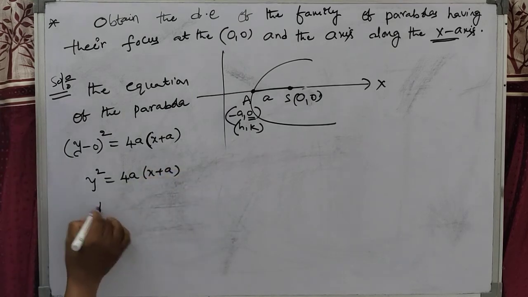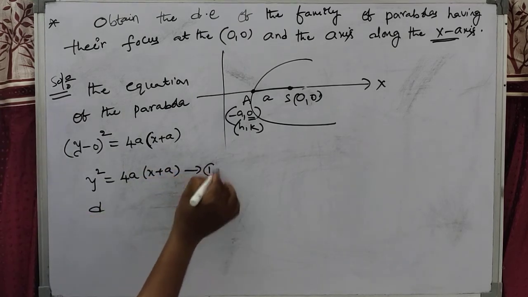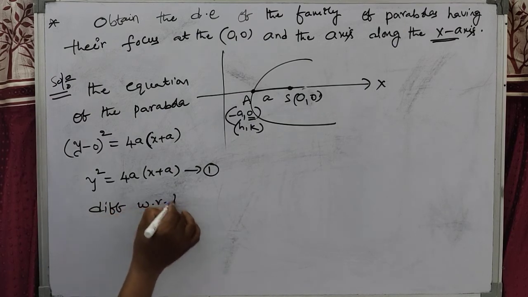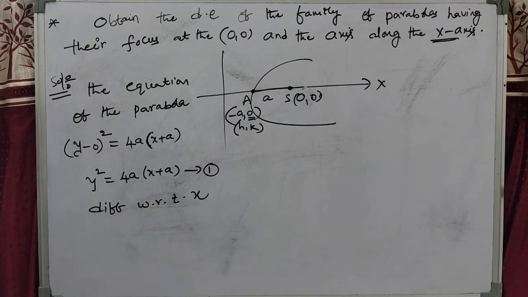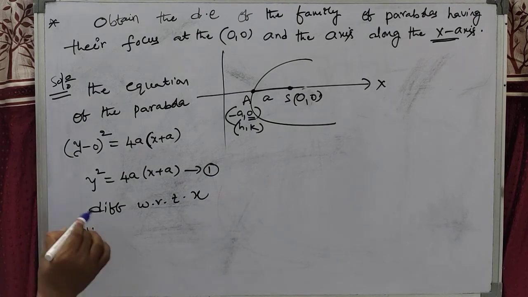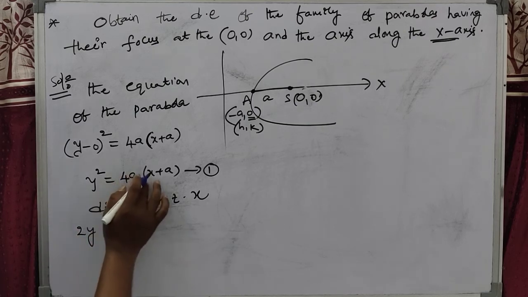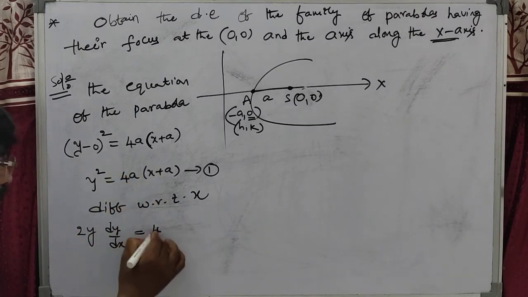Take this as equation 1 and differentiate with respect to x. The derivative of y square is 2y into dy by dx. The derivative of 4ax is 4a.